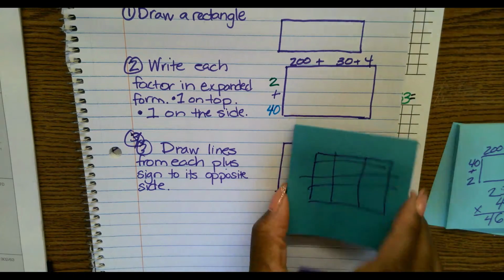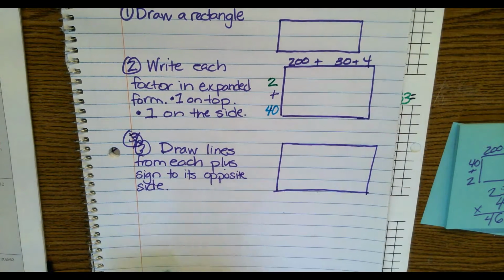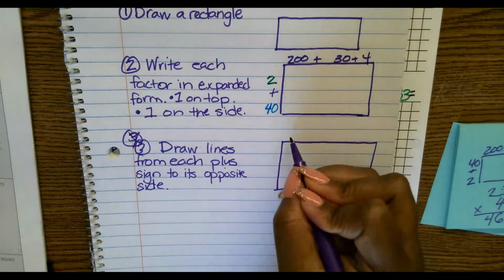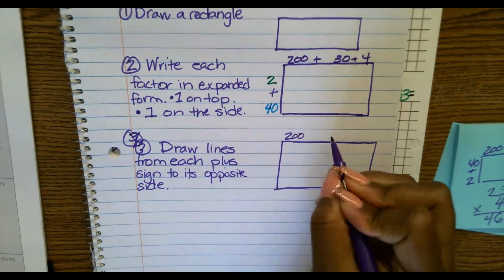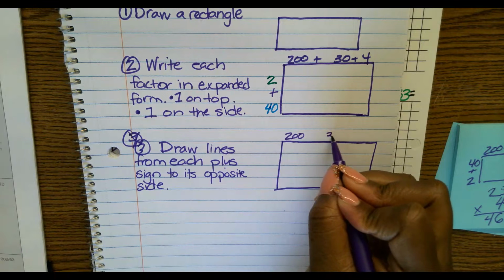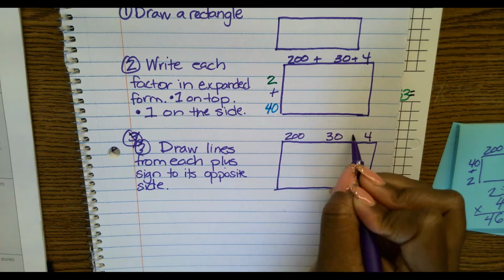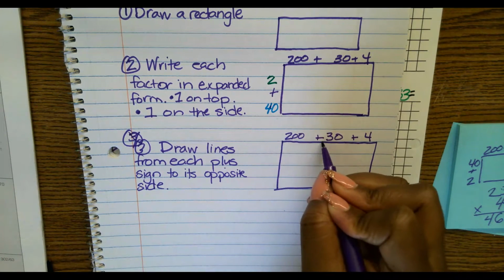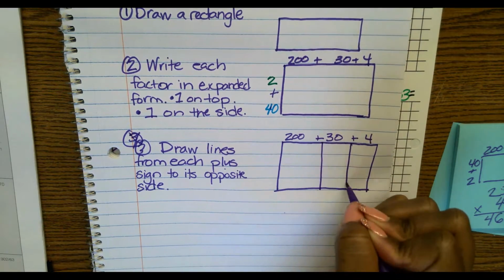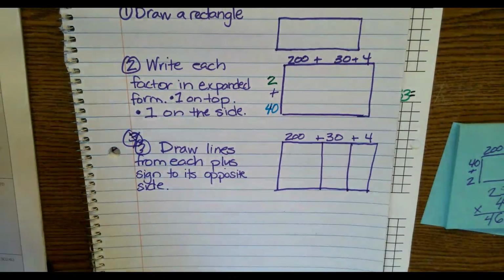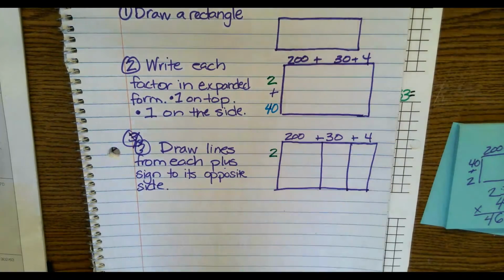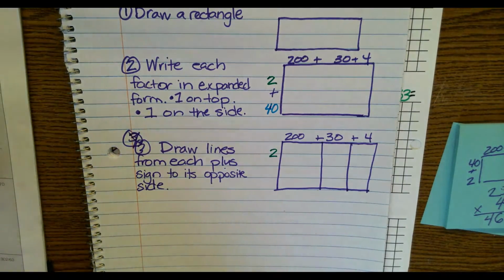When what we need to do is allow the plus signs to tell us what lines to draw and where to draw them, not what we think we need to draw. You'll see what I mean. So my plus signs are here. So I'm drawing a line from that plus sign to the opposite side.